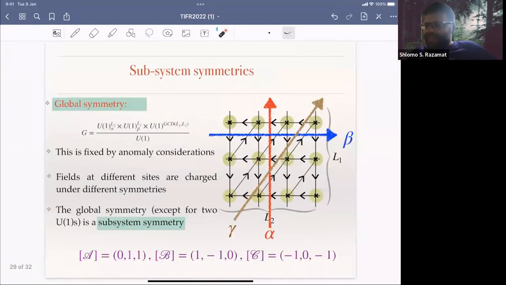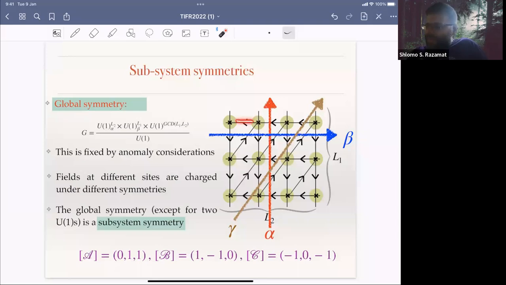Now, what is interesting about these lattice theories, like these quiver theories, which one can use for the construction, is that they have a lot of global symmetries. And if you think of this lattice of fields, like this quiver lattice in 4 dimensions, as some type of lattice, it possesses what is now called subsystem symmetries. It has a lot of global symmetries, but not all of the fields are charged under those symmetries.